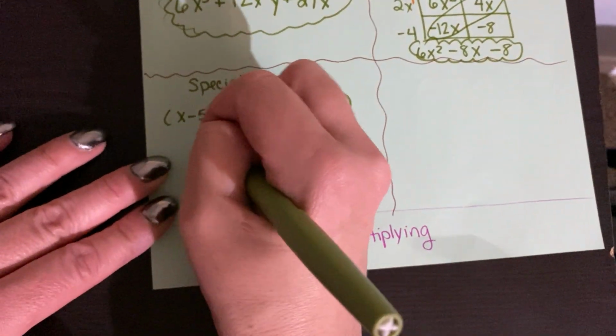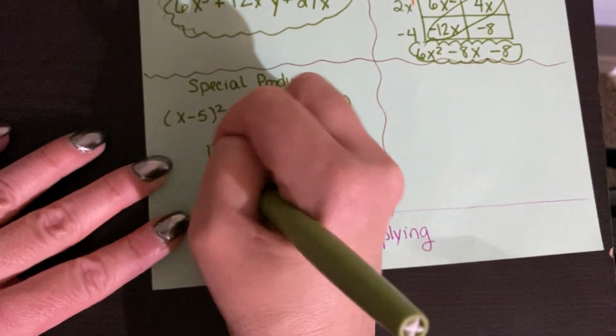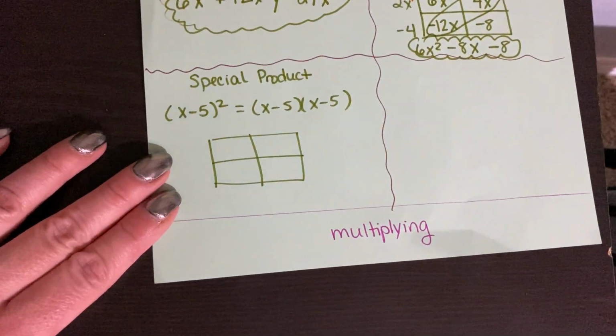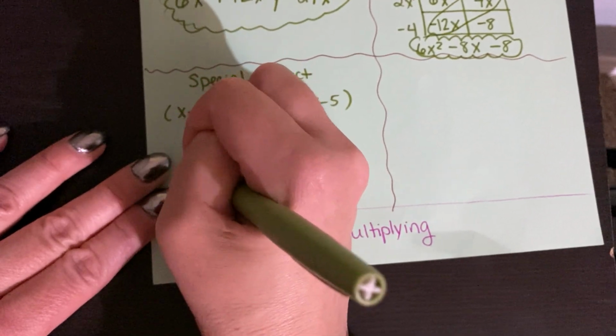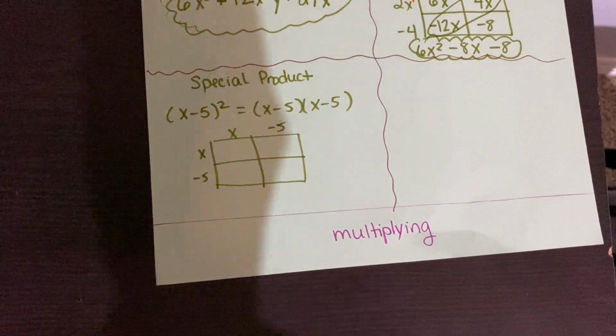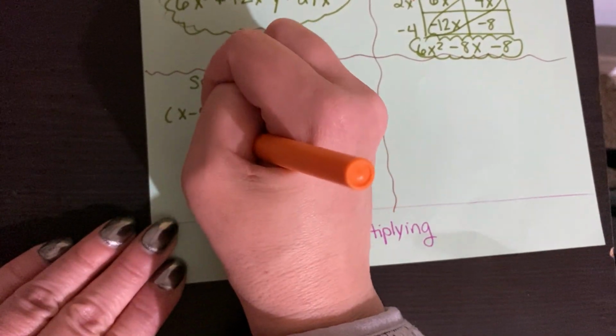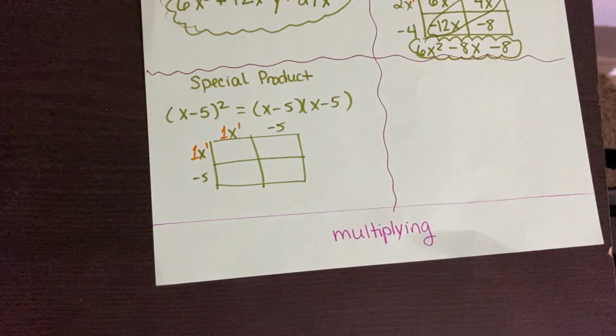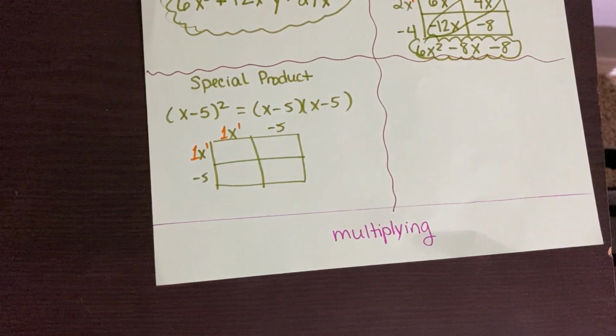Do your box, a 2 by 2. Wow, I made that really small. I hope I can fit. x - 5, x - 5. Let's make our invisible ones. If you want, you could even make them in front. There's ones there. Okay? 1 times 1 is 1.